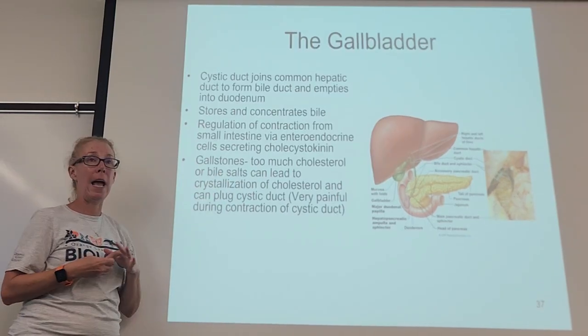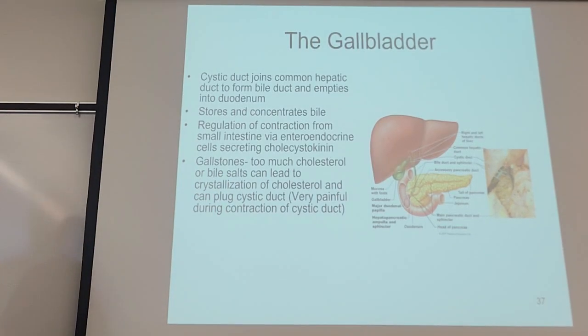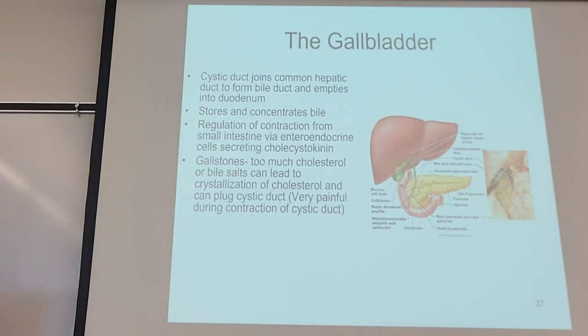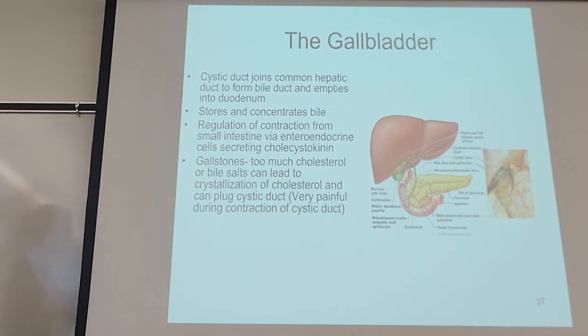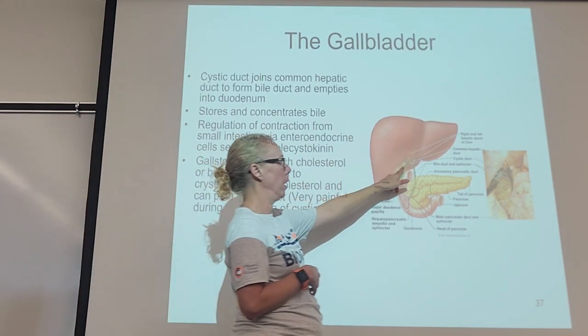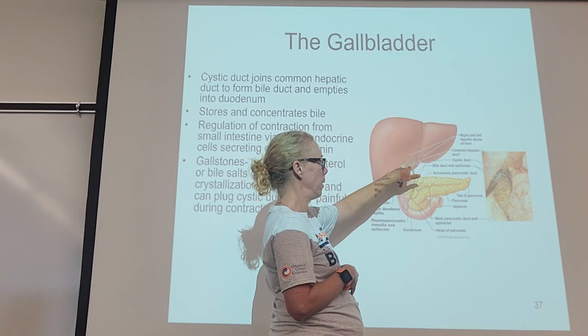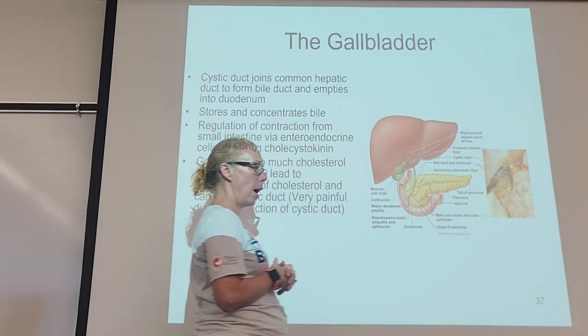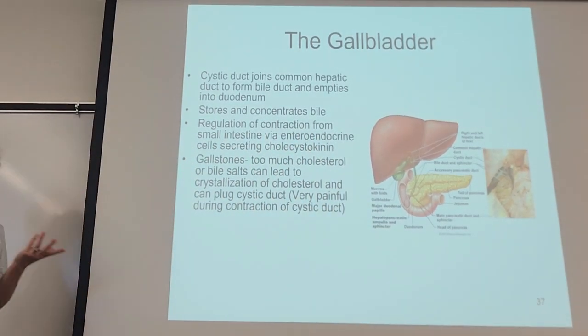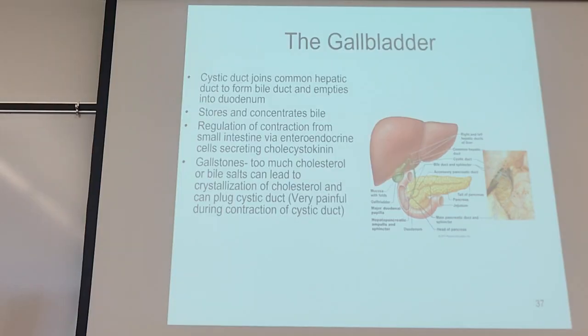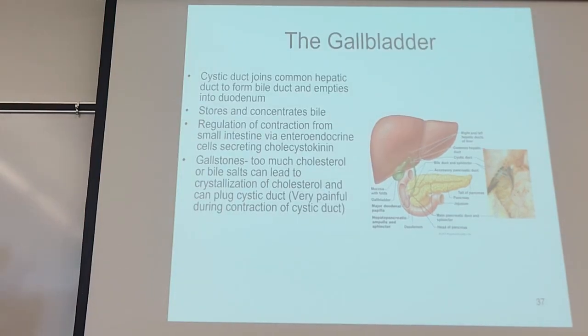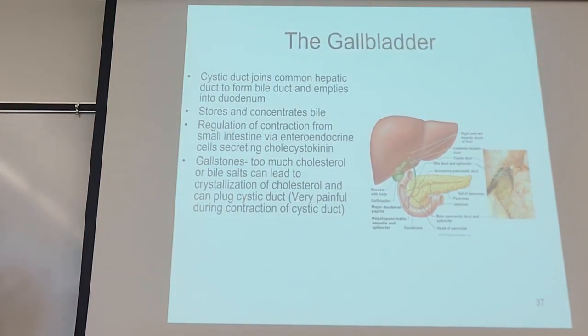So people can have their gallbladder removed. You don't have to have a gallbladder. Does anyone know of someone that's had a gallbladder removed? They'll just go in, snip the cystic duct, and take the gallbladder out, because the liver is also producing bile. It's just that now you don't have a little storage vesicle giving you extra.